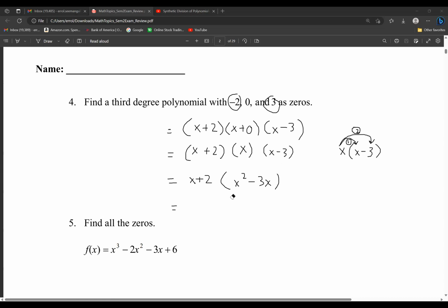When you FOIL these two, or when you distribute these two, what do you get? So basically x plus 2 is one bracket, and x squared minus 3x is the second bracket. What's this now? That's first, that's second, that's third, and that's fourth.